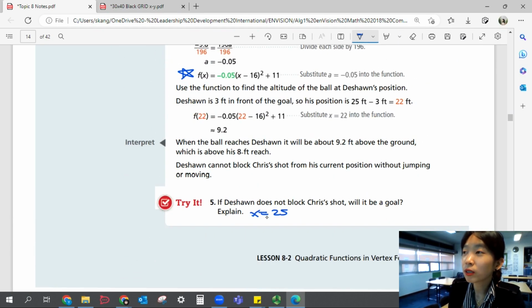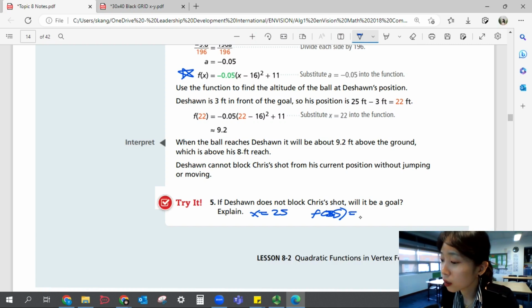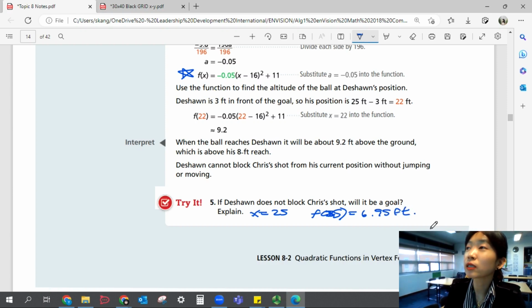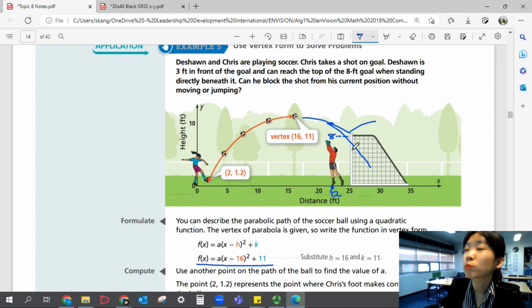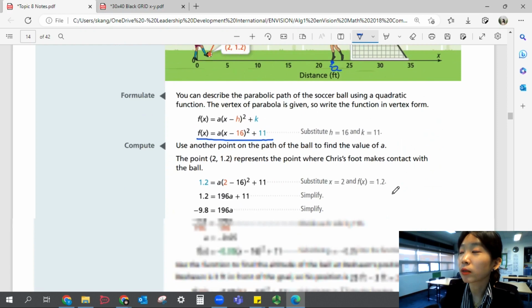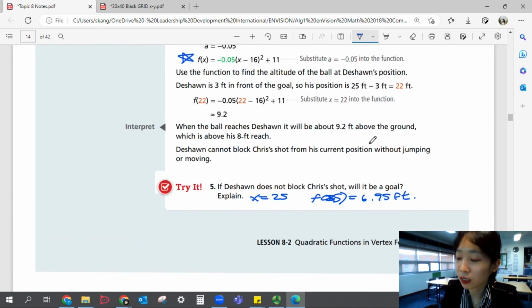So if you substitute that into the equation, f of 25 would be about 6.95 feet. So that means it's probably going to make the goal. There's a pretty good chance it's going to make the goal. That's how we can calculate and see if it's going to make it or not.